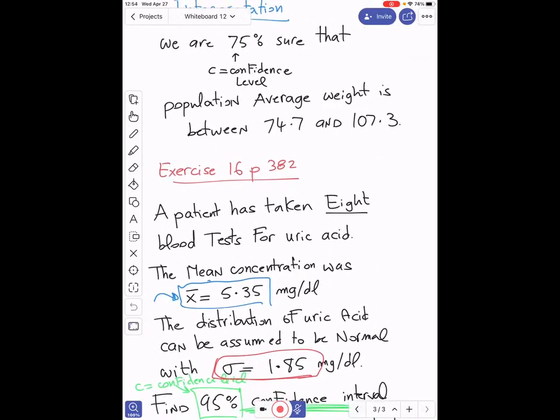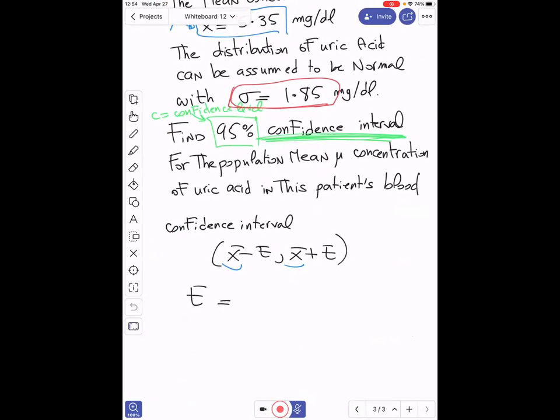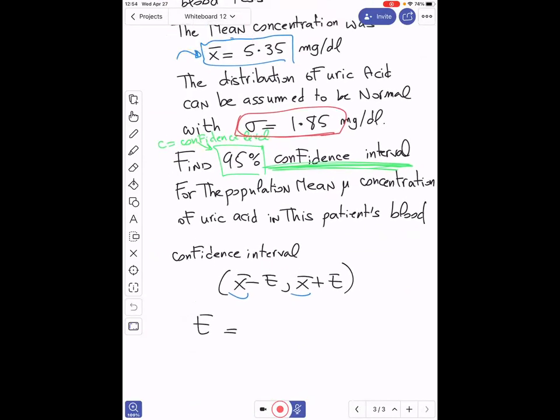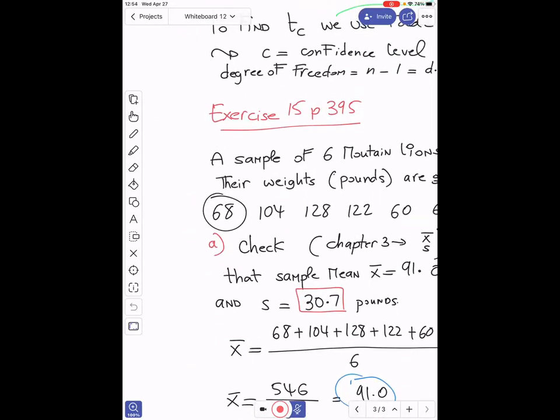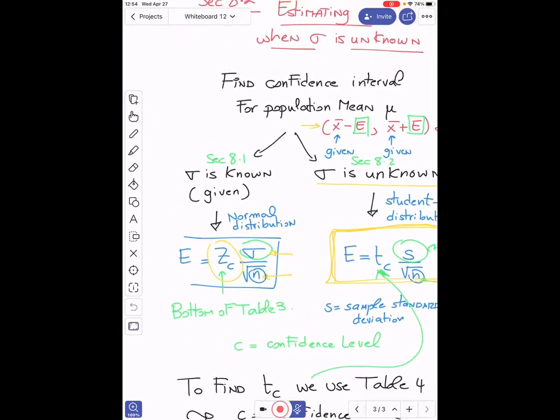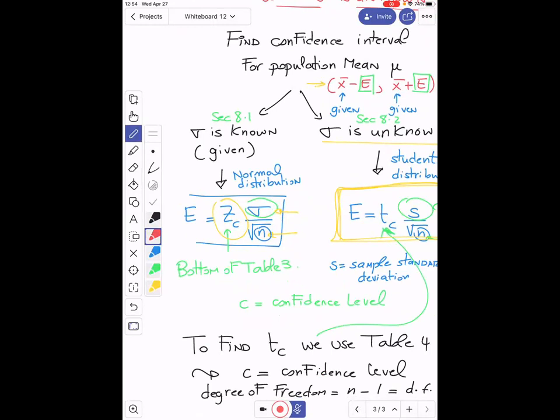Okay. So here we had sigma, and when you have sigma, let me just show you what we said in the beginning of the lecture. We said when sigma is known, we use the normal distribution. So we can use the Z, the variable of the standard normal distribution, and this is your margin of error.